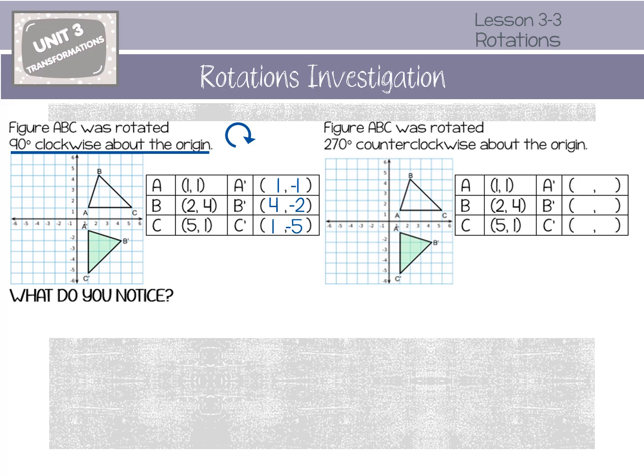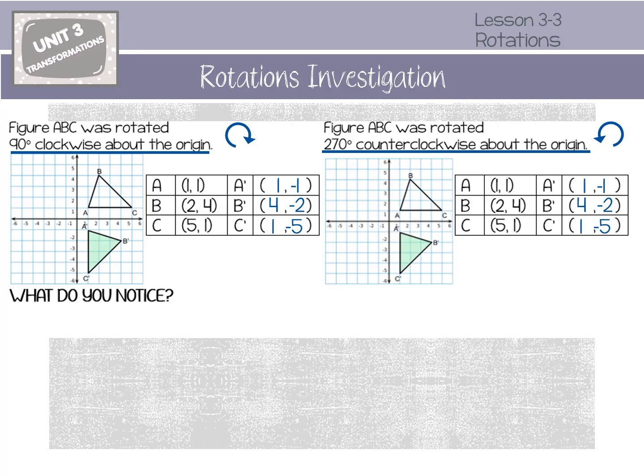This isn't one of the patterns or rules that we had on that last slide, but let's see what's going on here. Figure ABC was then rotated 270 counterclockwise about the origin.